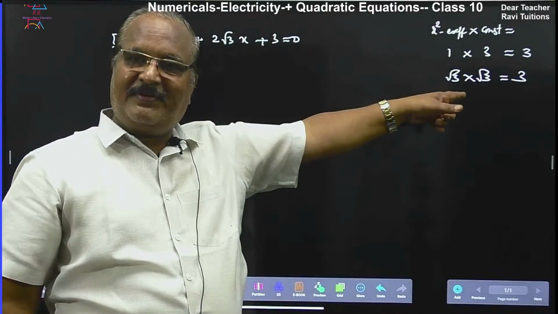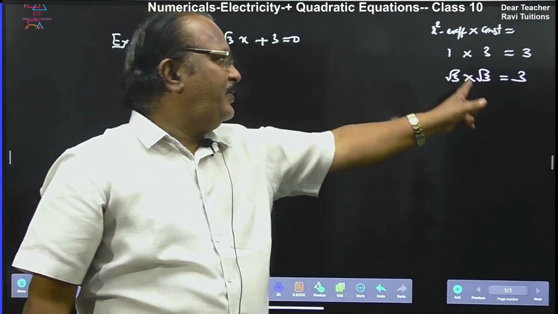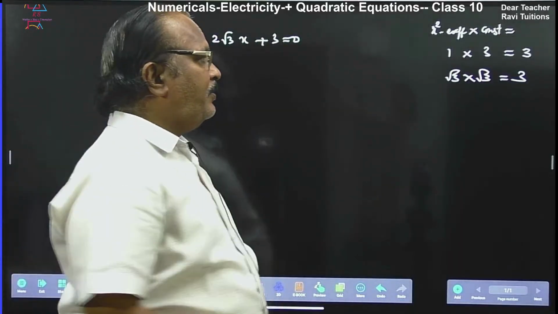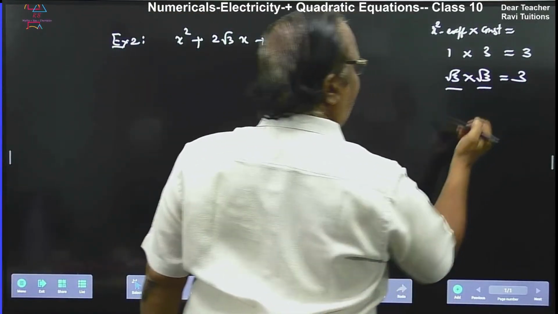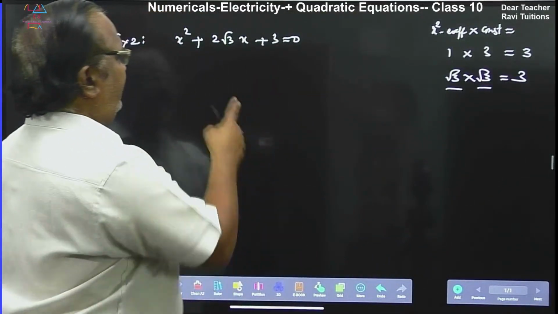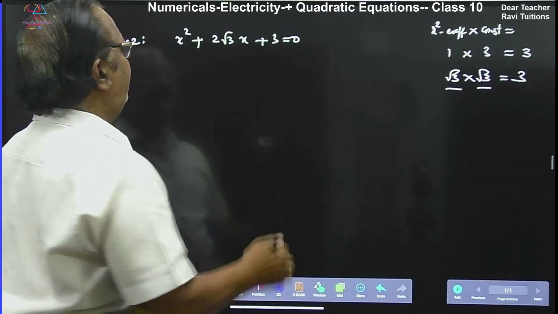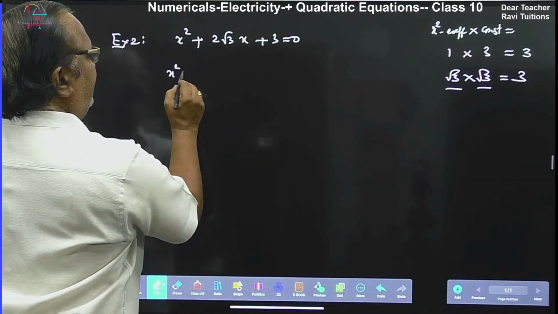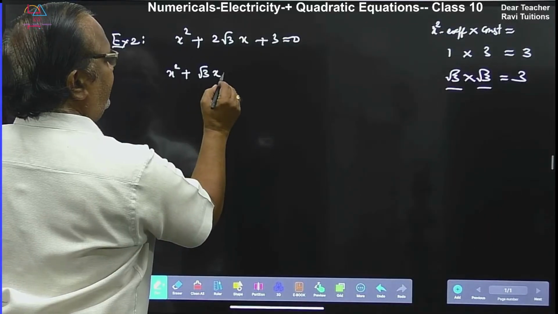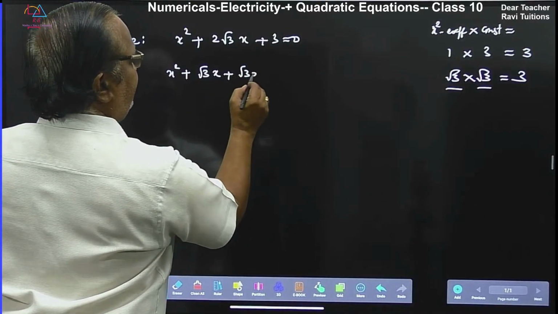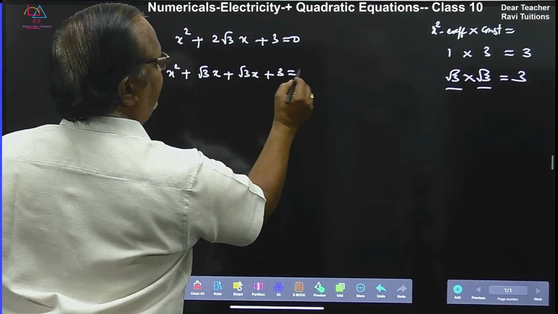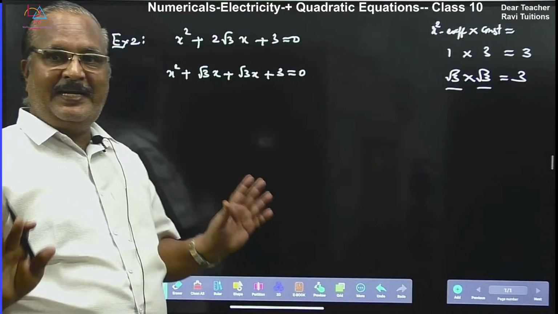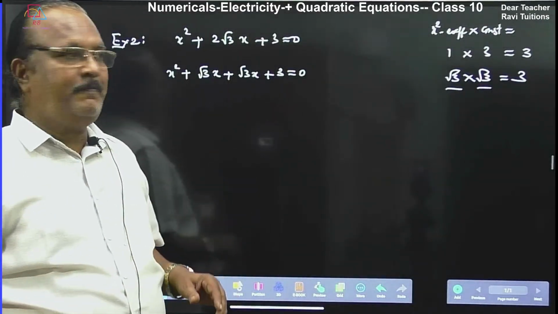That is also one factor. Now root 3 plus root 3 is equal to 2 root 3. So split: x square plus root 3x plus root 3x plus 3 is equal to 0. Now splitting the middle term is done.